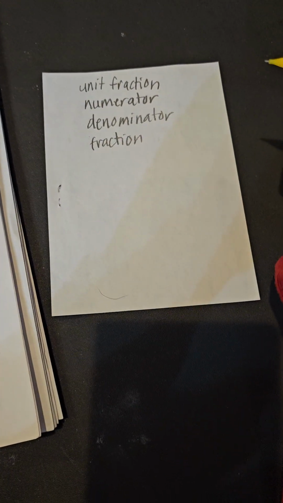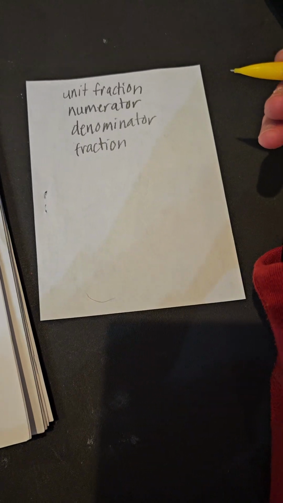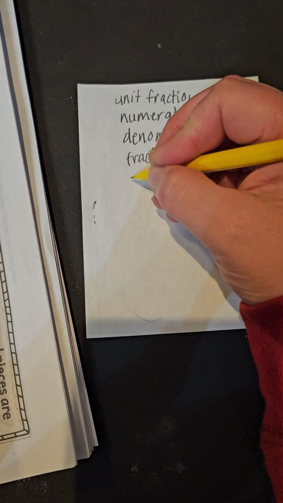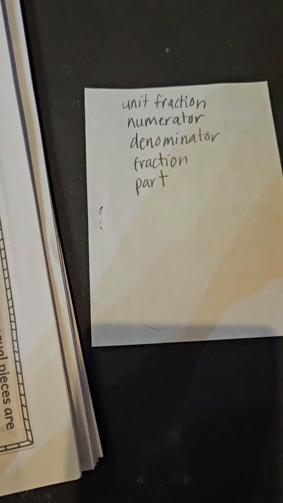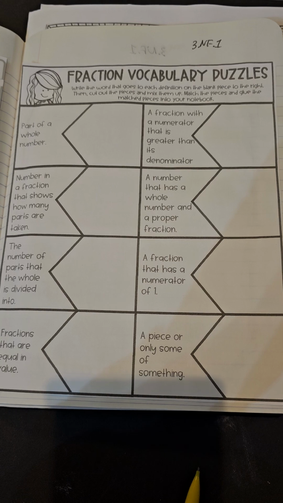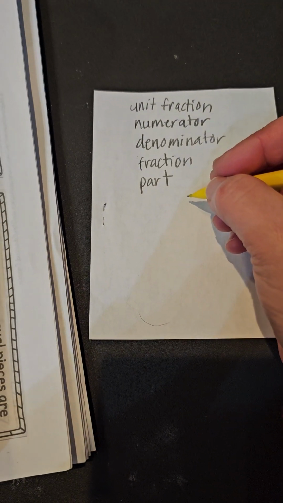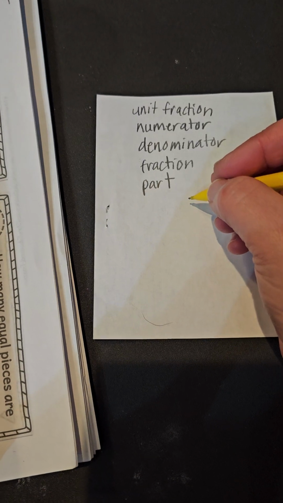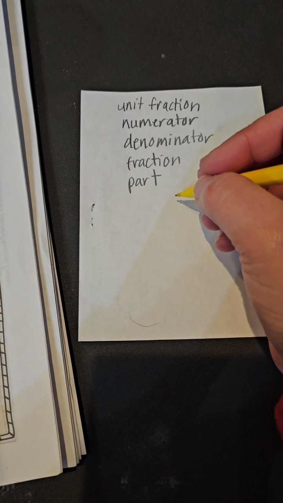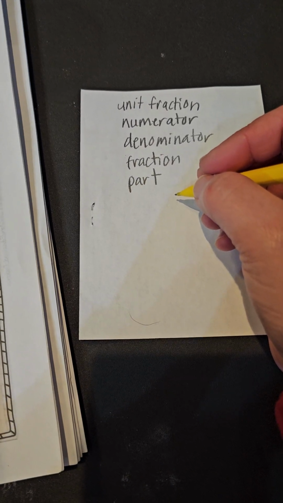There's 3 of these standards. So we're on the first one for fractions. We talked about part. So with those 5 words, try to match their definition. So you work on that for a few. I'm going to finish writing the words down. And you can pause the video if you need to.